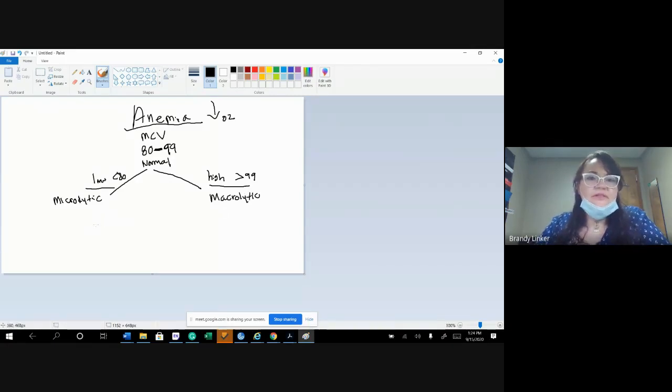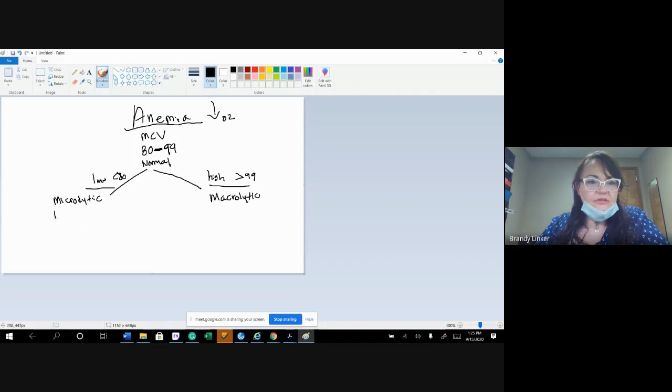Somebody may describe a red blood cell to you like it's hypochromic, which means it's pale, and microcytic, which means it's small, or macrocytic, which means it's large. And then you'll need to know which anemias fall in those categories.